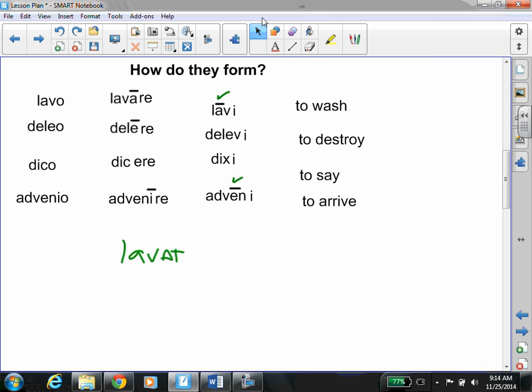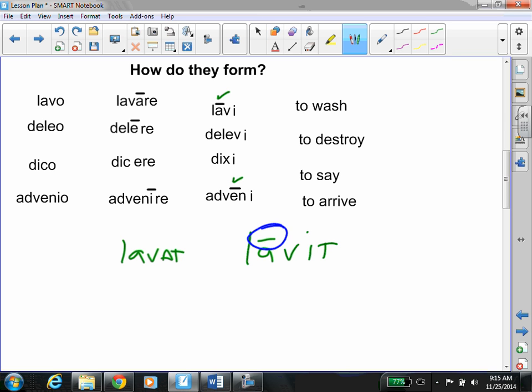I take off that re and I add a t, I get lavat. Now, the third person singular for the perfect tense of lavat is lavit. Yes, it does end in it, but they are similar. That long mark right there will help you out.